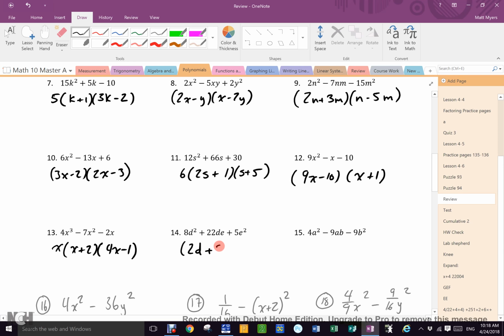Oh, yeah, e. And 4d plus e. See, that's the risk of getting rid of the last variable. Yeah. And this one. 4a plus 3b, a minus 3b.